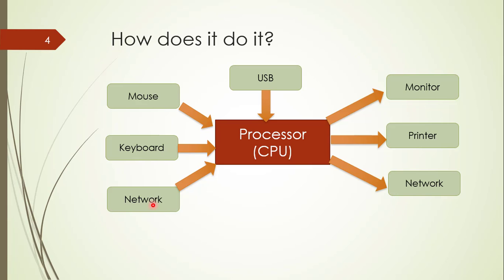How do computers do it? The crux of a computer is called the processor or the CPU, which can be thought of as the brain of the computer. So this has several peripherals attached to it that actually do most of the interfacing.